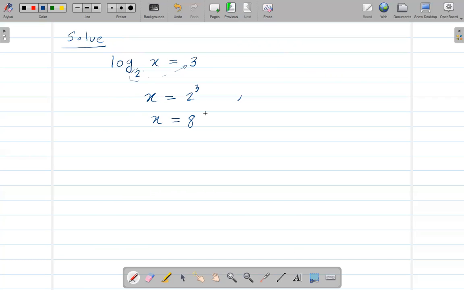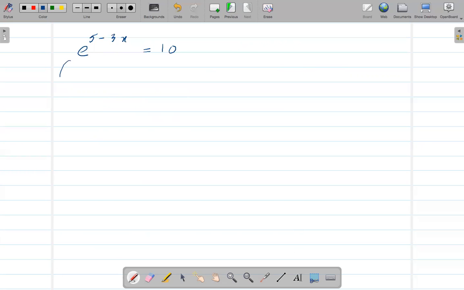Or how do we solve e to the power 5 minus 3x equals 10? Now we have an exponential function, so the idea is changing this exponential function to a log function.